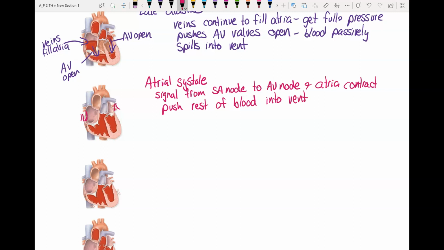So now the ventricles are full. And this amount of blood that fills the ventricles is the end diastolic volume.